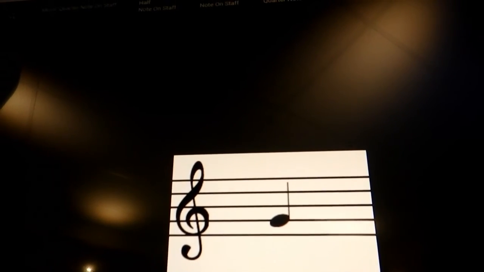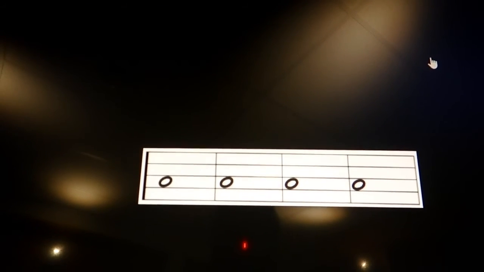None of these have anything to do with how fast we sing or play it. Let's go back to the whole note for a second. If we had a slow song, a slow tempo, then we'd hold it for 4 beats. I held it for those 4 beats. Let's say it was a fast tempo.